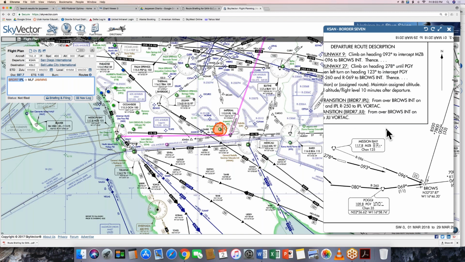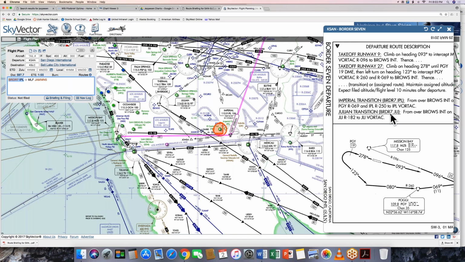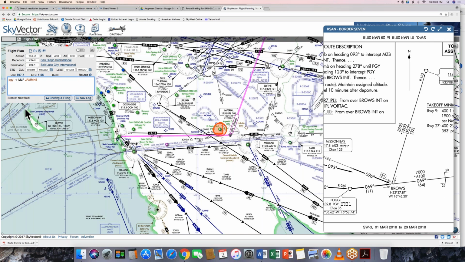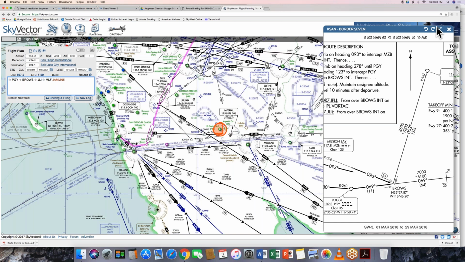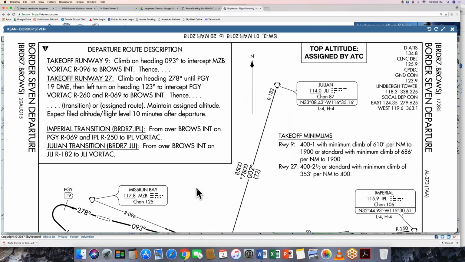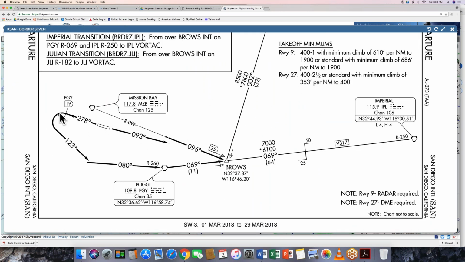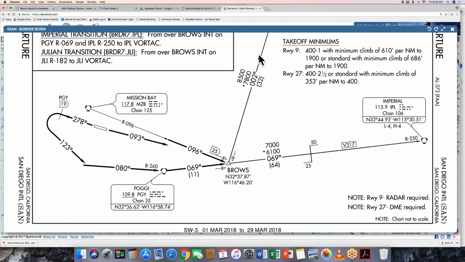So if we go from San Diego to PGY to browse, and then to JLI, that's the Border 7 departure. Does everybody see that? Yeah. So here's San Diego. We take off, we go to PGY, browse, and then up to JLI.